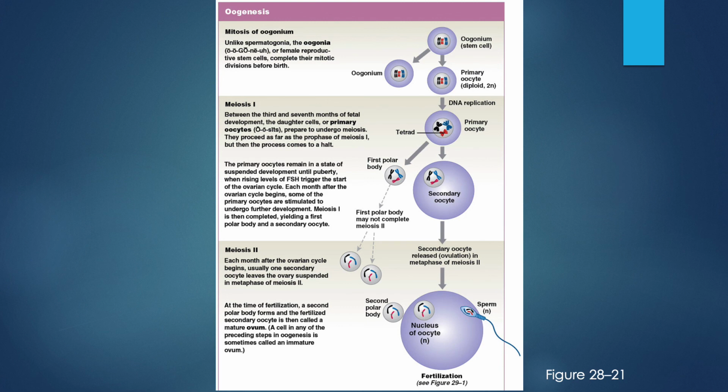And then we have meiosis 2. Each month after this, once puberty occurs, the ovarian cycles will produce a second polar body, and they'll also work towards producing a mature ovum, which isn't actually generated until the time of fertilization.